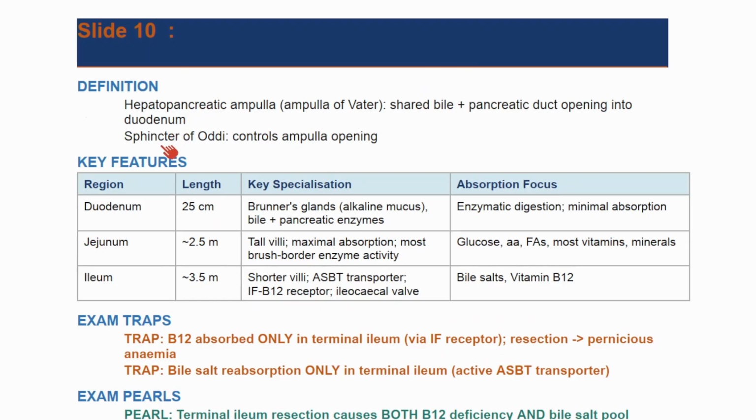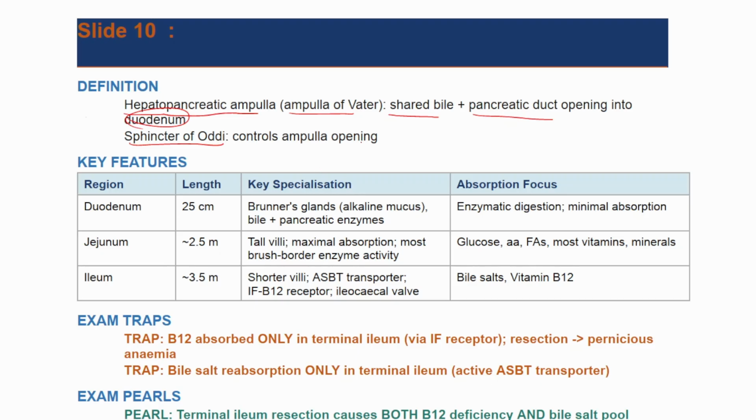First things first, managing the entire flow of food requires upstream regulation at the main anatomical junction. The hepatopancreatic ampulla or ampulla of Vater represents the shared bile and pancreatic duct opening into the duodenum, regulated directly by the sphincter of Oddi.